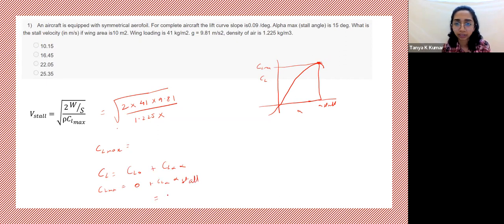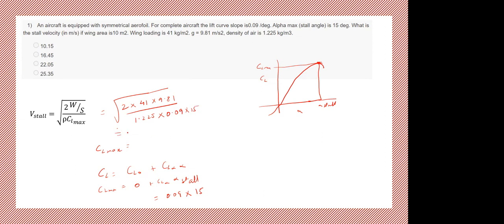CL alpha here is 0.09 and alpha stall is 15 degrees. So I substitute this here. We get 0.09 into 15. What is this value?